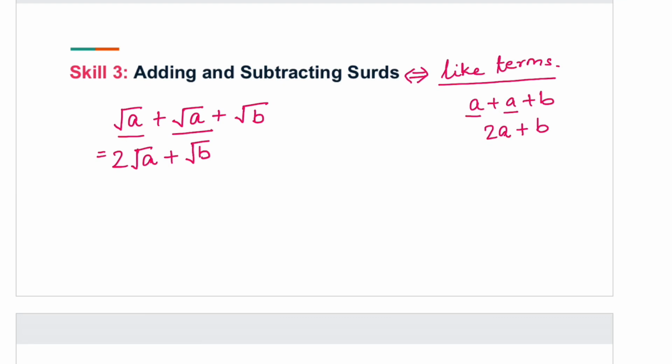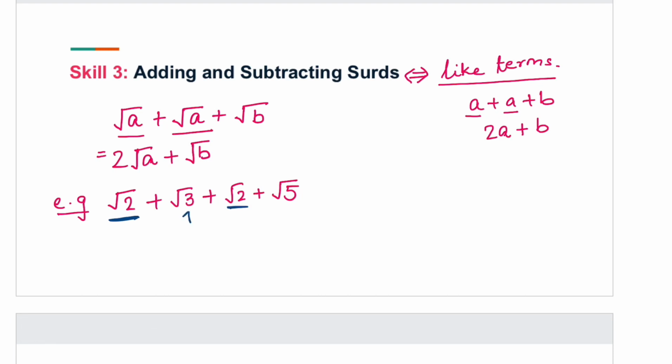Similarly, for example, let us suppose we have root 2 plus root 3 plus root 2 plus root 5. Here again we have to find the common surds. Root 2 and root 2 can go together.